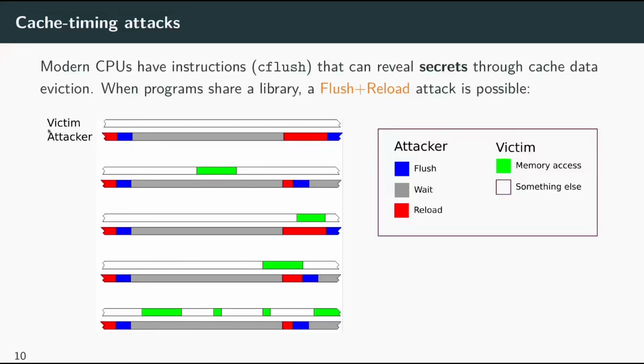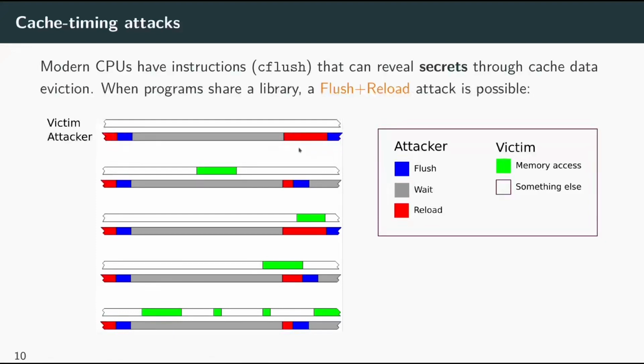So assume that there are a victim and attacker programs running at the same time. And the attacker program is willing to know if a certain memory access is being performed or not by the victim's program. So for that to happen, the attacker flushes that memory address and then waits a certain number of cycles that we call the slot before it reloads that address to cache memory again.